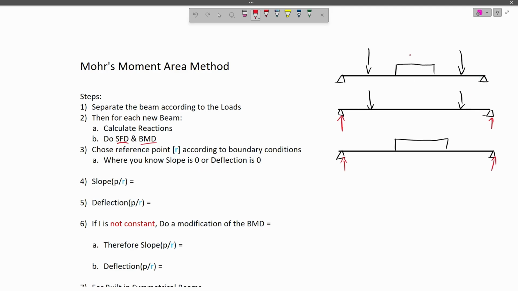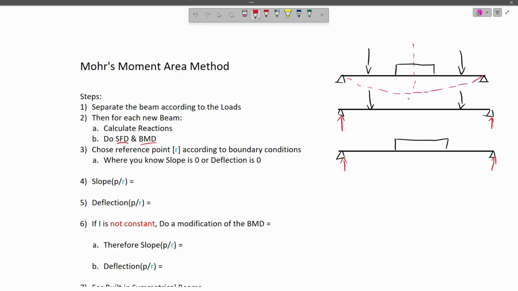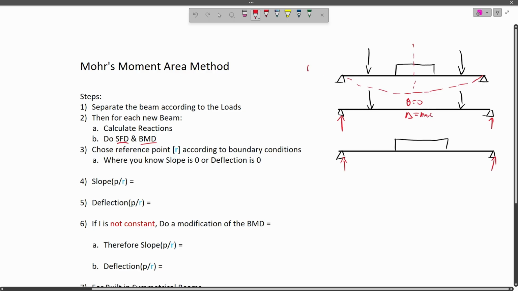Assuming it's a symmetrical beam, we know that at the center, at midspan, our slope is 0 and our deflection is max. At the supports, we know our slope is max and deflection is 0 for both supports.